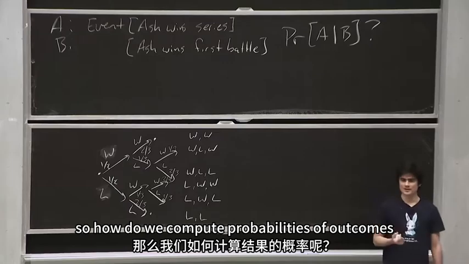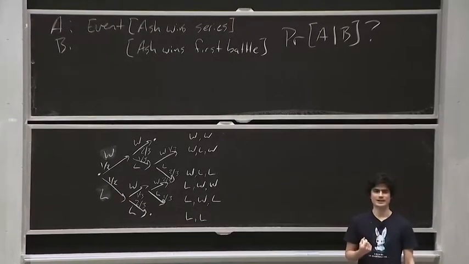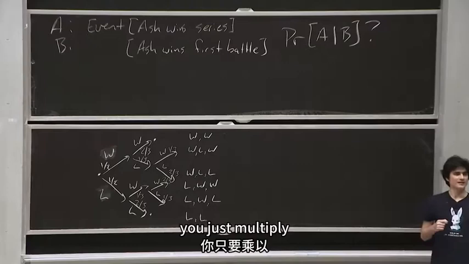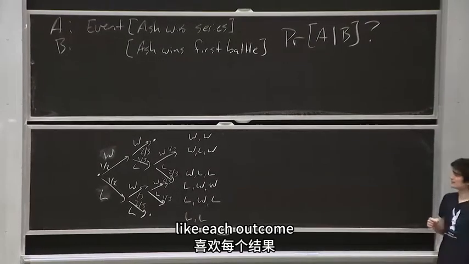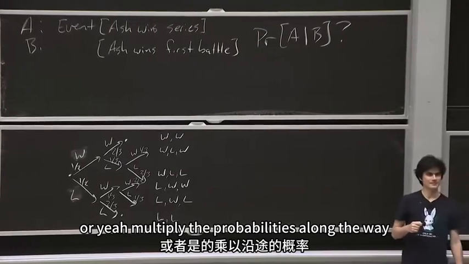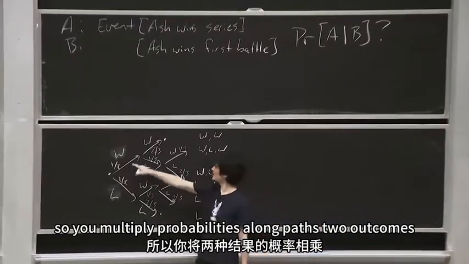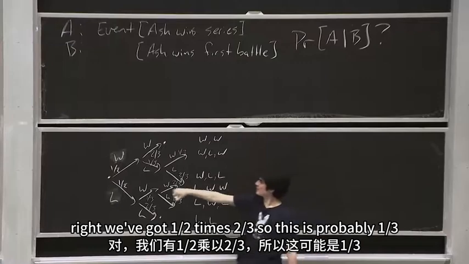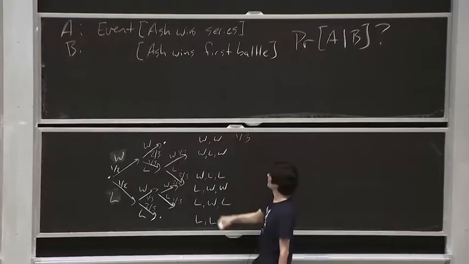So how do we compute probabilities of outcomes? Does anybody remember? You just multiply the probabilities along the tree to that outcome. So you multiply probabilities along paths to outcomes. For this top outcome, we've got 1/2 times 2/3, so this is probability 1/3.